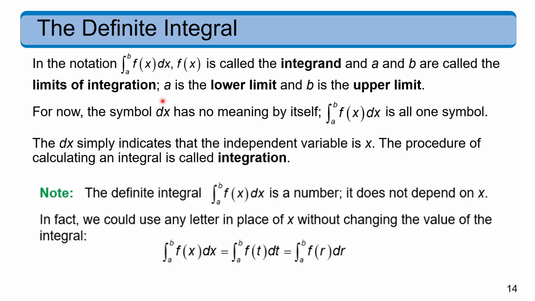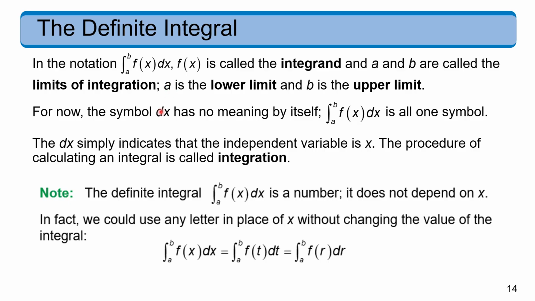A is called the lower limit, b the upper limit. Now the symbol dx, as you remember, came from the delta x when we were doing the sums of the areas of the rectangles. In the integral sign, we converted the delta x to a dx.